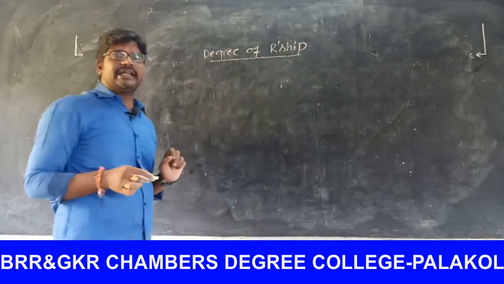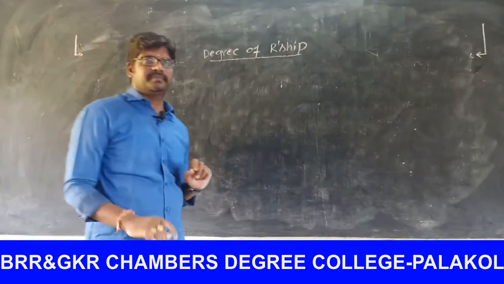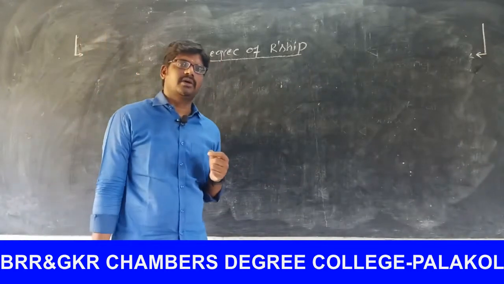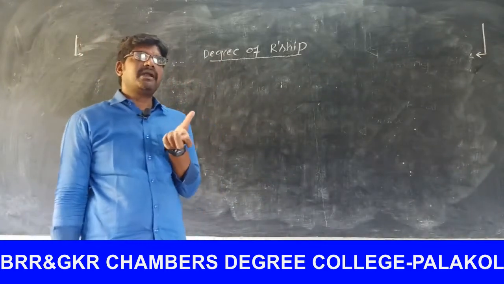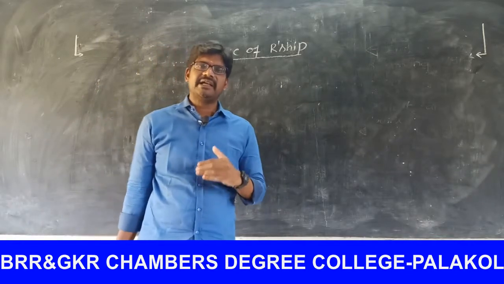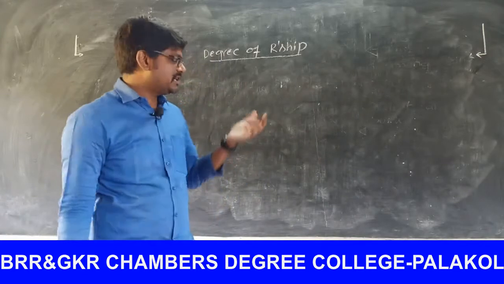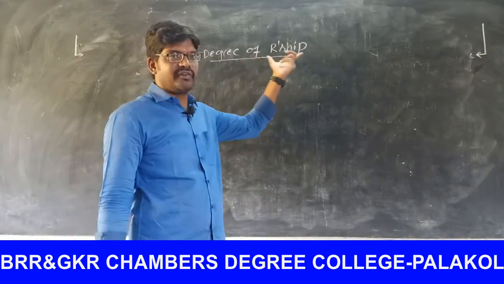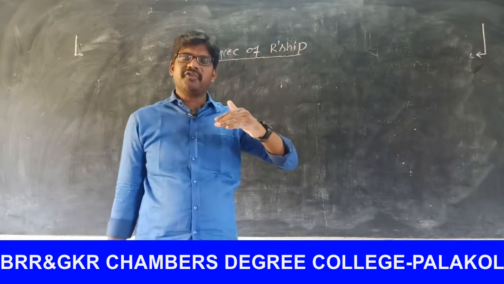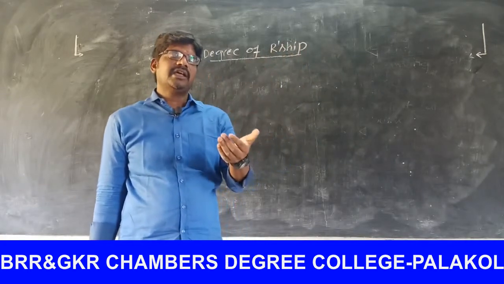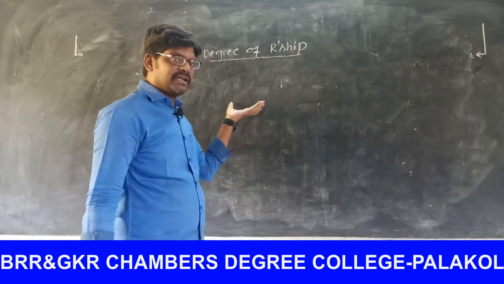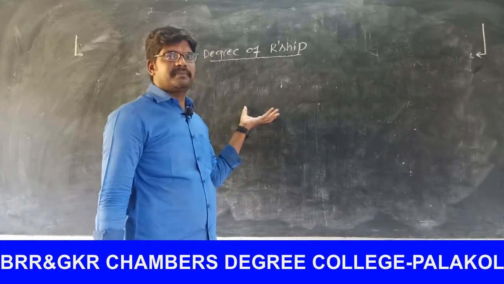And the next one, degree of relationship. Okay, so what is the meaning of degree here? The number of entities that can be participated in a relationship is called as degree of relationship. If one entity is participated, we call it as a unary relationship.